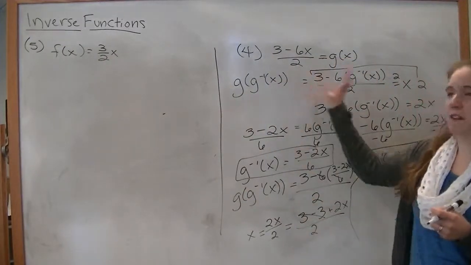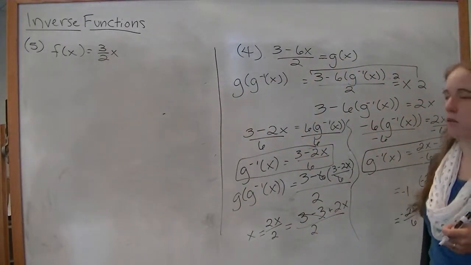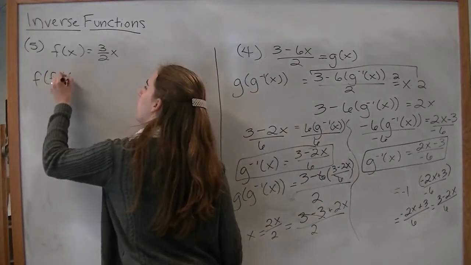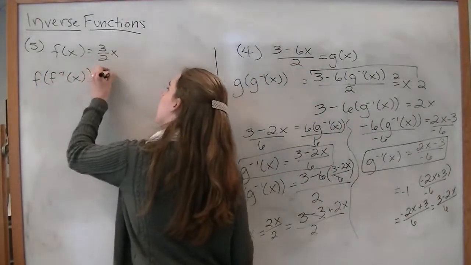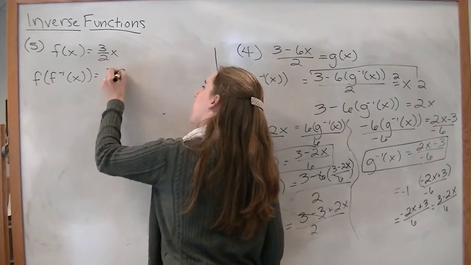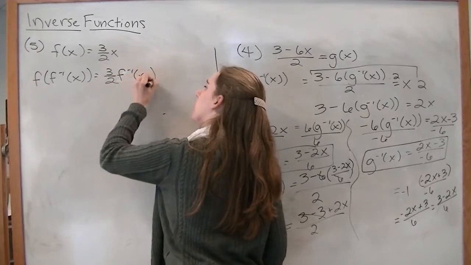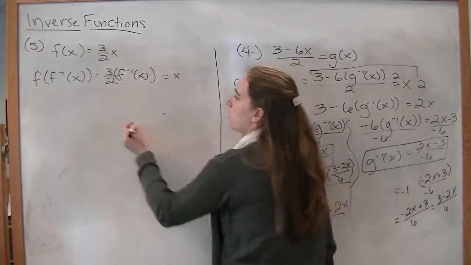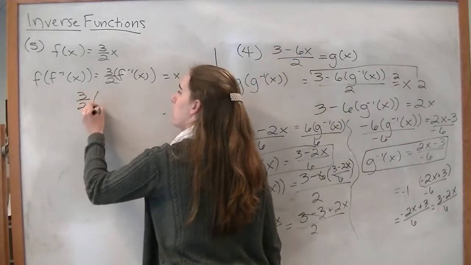So again, we're going back to something a little bit more simple than what we had to do over here. So f of f inverse of x is going to be 3/2 times f inverse of x. And we know that that is equal to x. So we need to solve this equation.